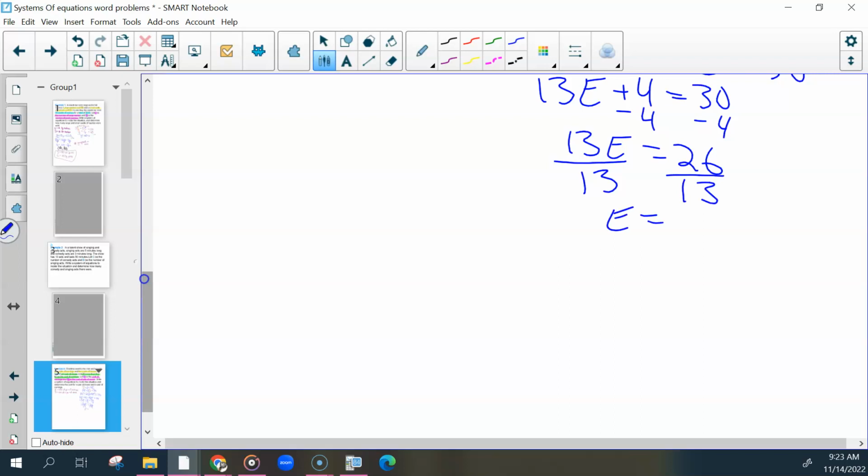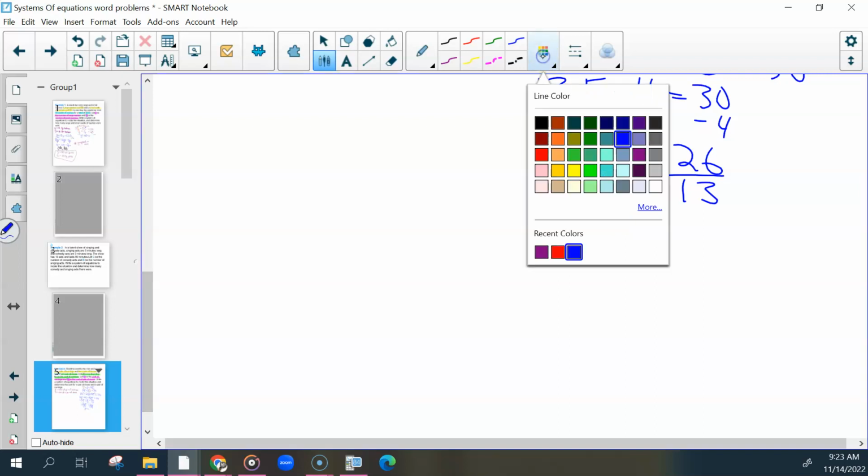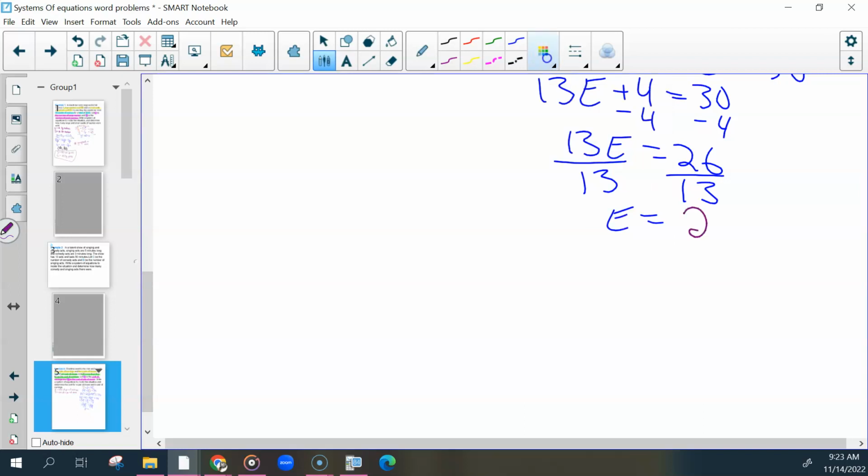So that E equals 2. And we're labeling this as our answer to what? What does E represent? Here, the cost of a pair of earrings. So dollars.